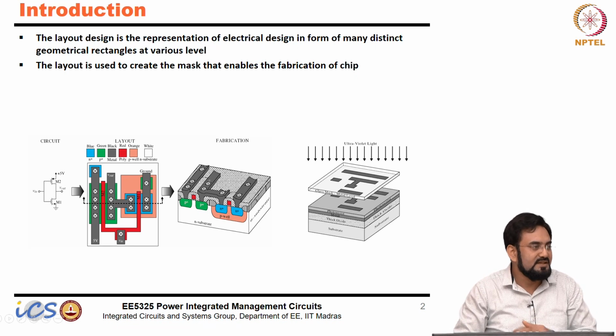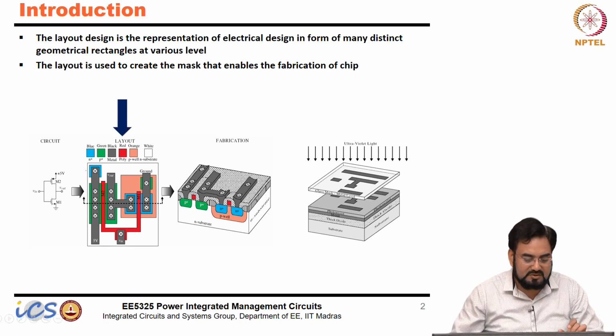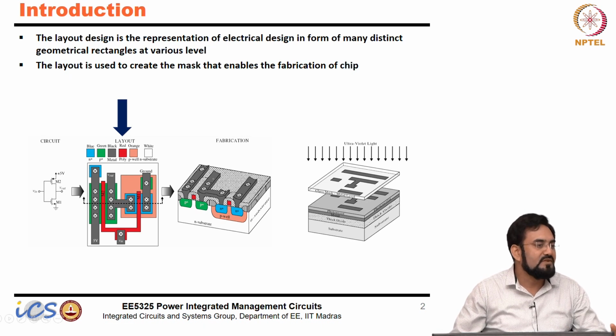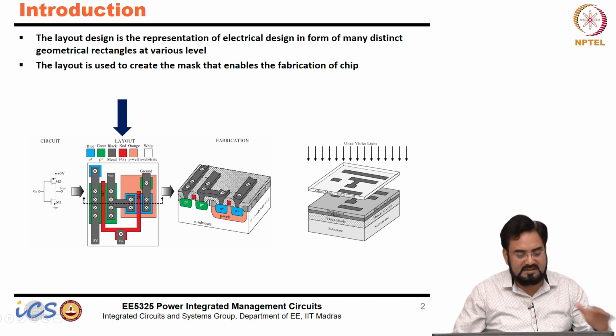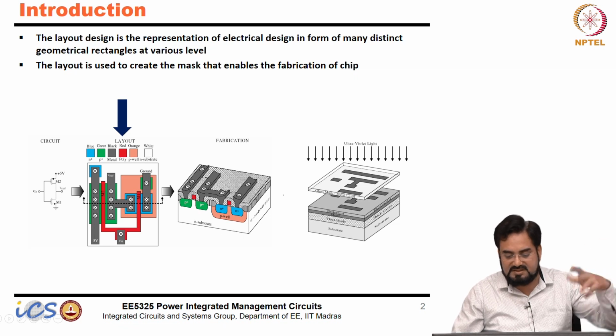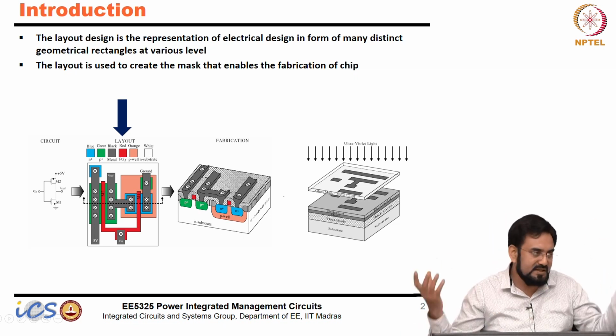All those things are defined in your layout. What you are drawing here only makes sense to the Fab, because the Fab can only understand these layers, and you see multiple layers are there. When all these masks are created, all diffusions are made, and metal is added, then ultimately you get your chip.